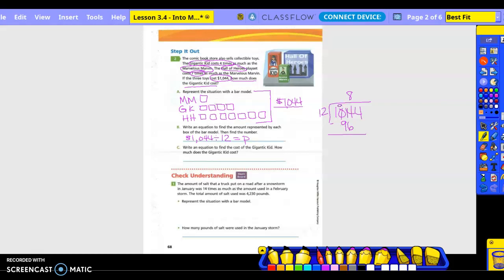This becomes a 14, this becomes a 9, and this becomes a 0. 14 minus 6 is 8, and bring down the 4. 12 into 84. 7 times 12 is 84. And so in each box would be 87. Now on these, you should not have a remainder. Okay?